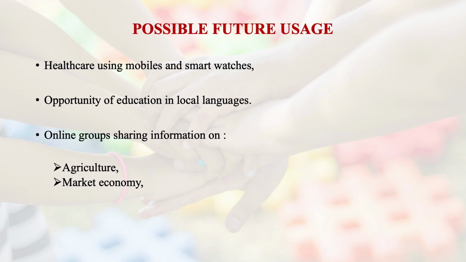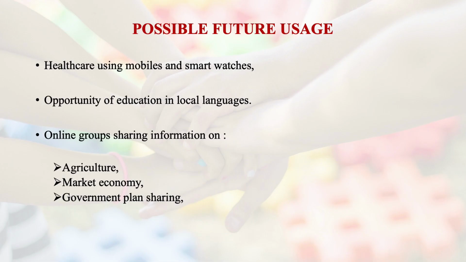Then the information about the market economies can be known, right? And this can be useful in earning, as village people can sell their products directly, right, using these technologies. I mean, they will be uploading photographs to the mobile and so on and so forth. And then this can help them in the development of local online businesses.